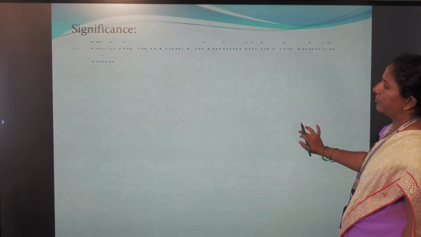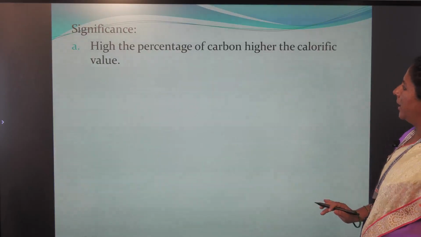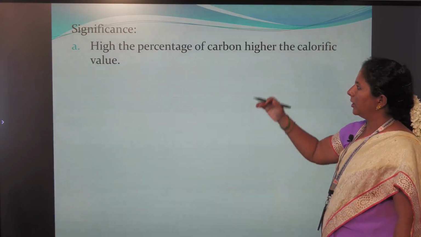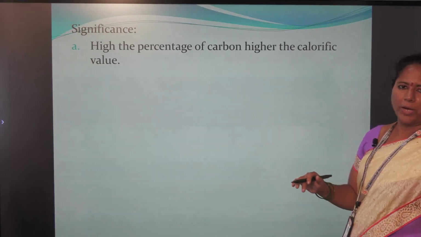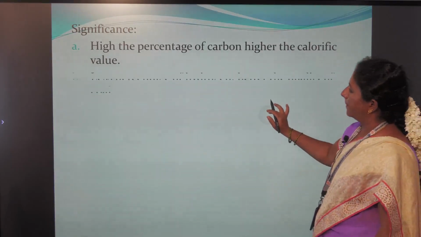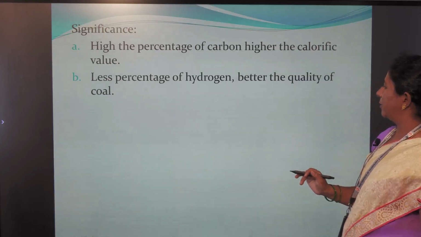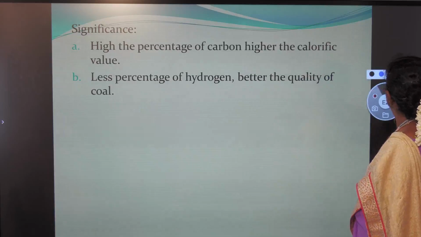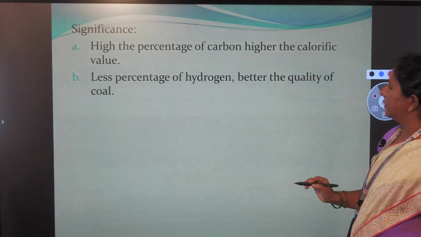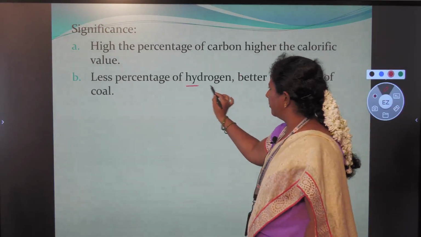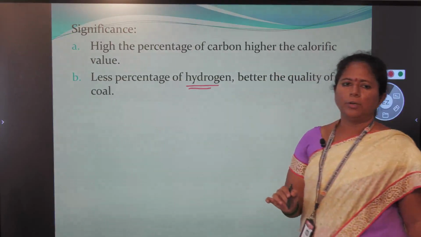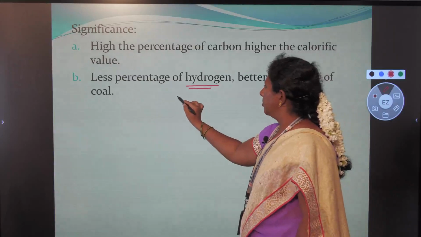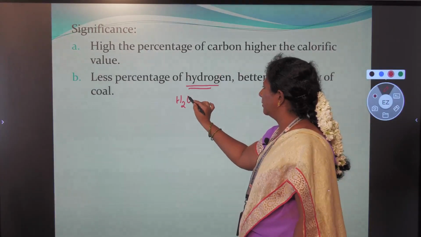Next, significance of carbon and hydrogen. High the percentage of carbon, higher the calorific value. Already we had discussed this about in the calorific value videos. Less percentage of hydrogen, better the quality of coal. Why means hydrogen present in the fuel or in the coal usually exists in combination with oxygen as moisture or water.